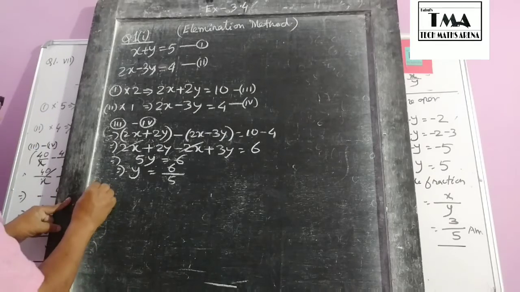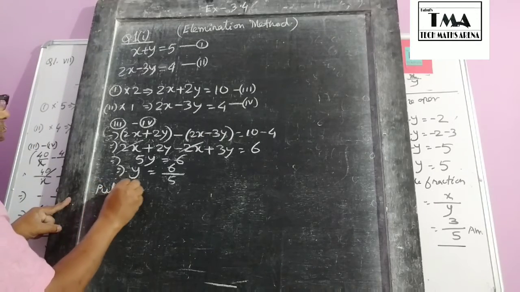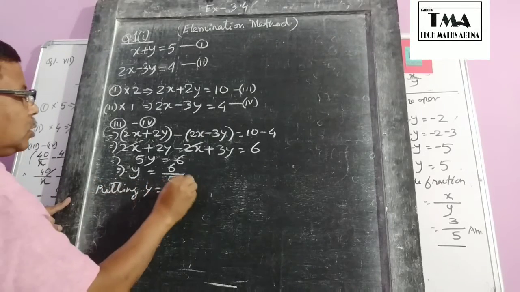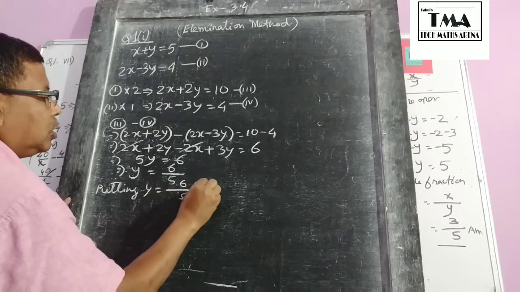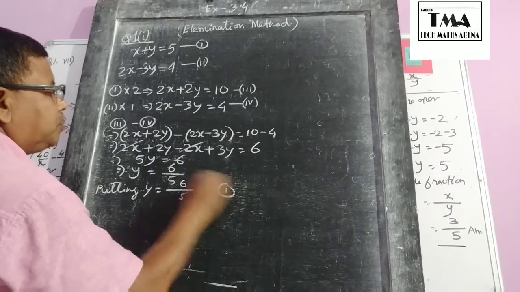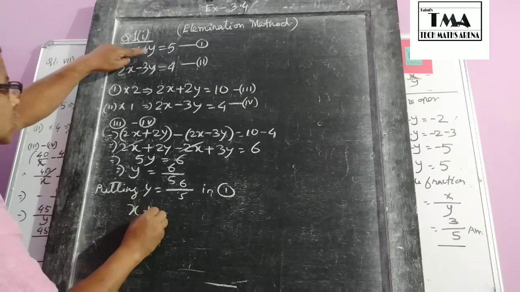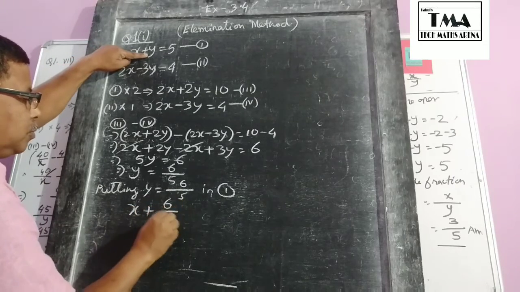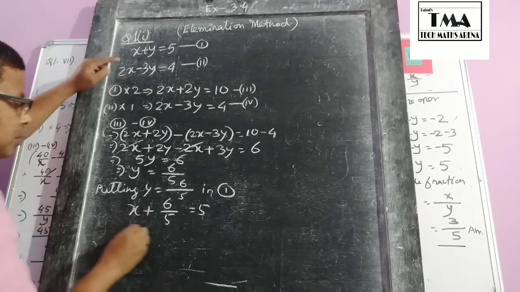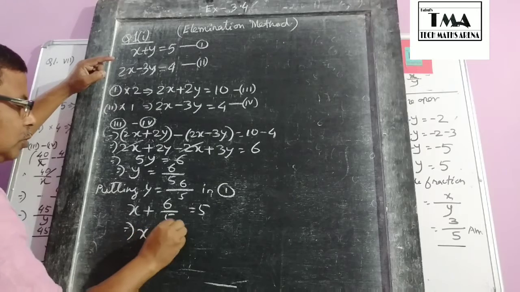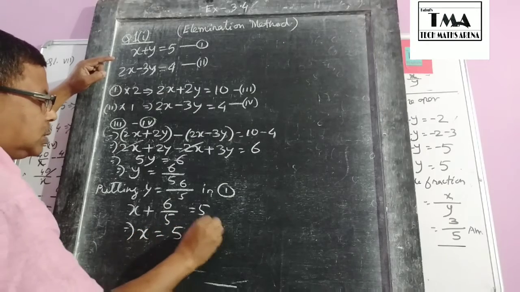So now putting y is equal to 6 by 5 in equation 1. This is x plus y, we have got 6 by 5 is equal to 5. Then x is equal to 5 minus 6 by 5.